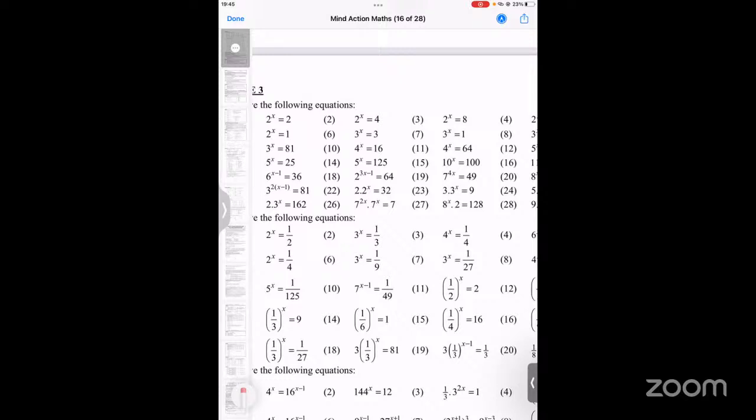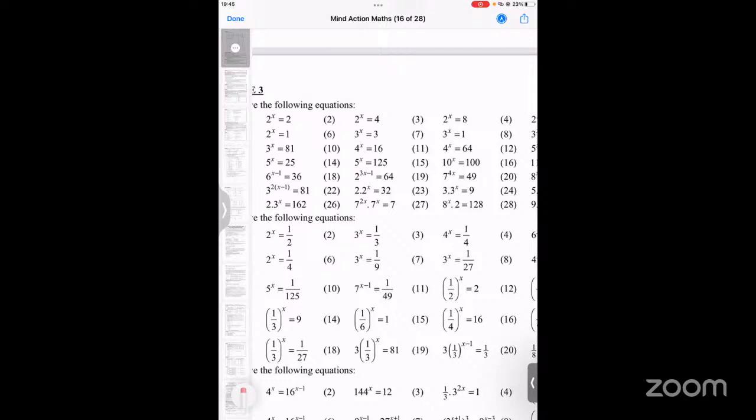So I got 8 to the x times 2 equals 128. And then what I did was divide the 128 by 2, which I got 64.